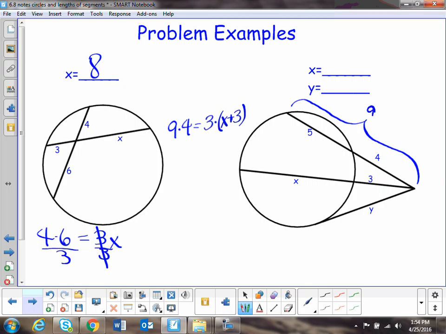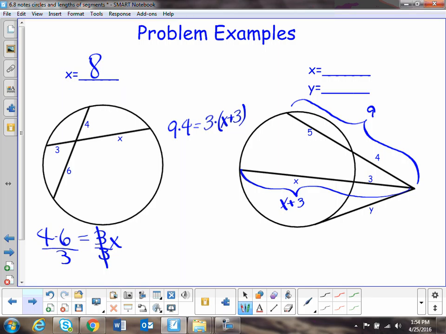So this is 9, and then this one over here is what? X plus 3, right? A lot of people, including first period, call that just x. Okay, a lot of people did that before. So remember, when you're doing the whole segment, you're adding those two segments together, because that's how the formula goes.